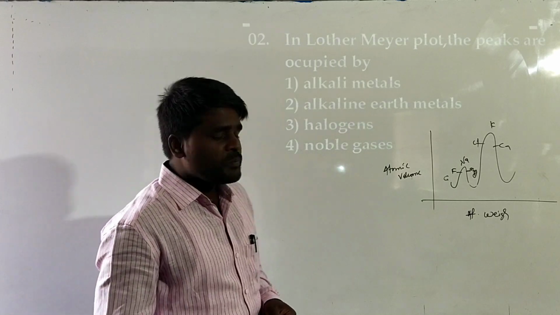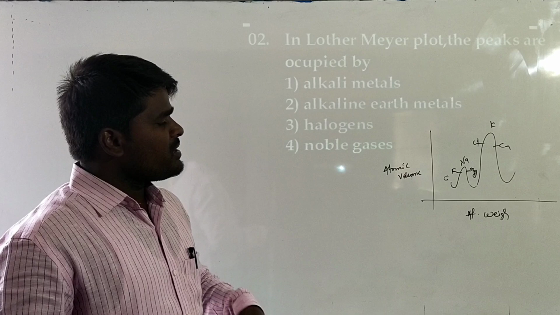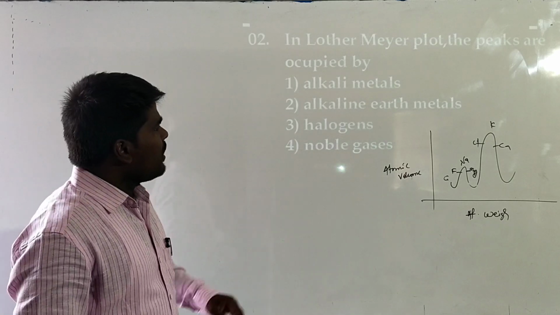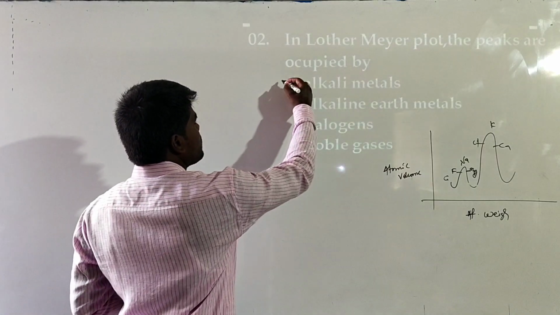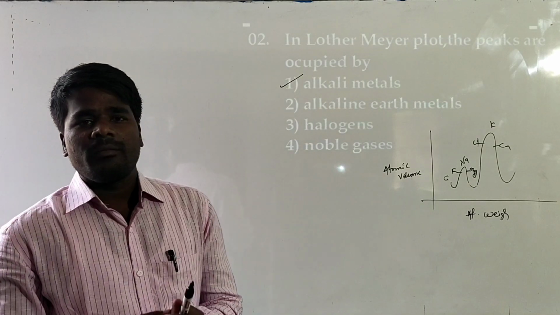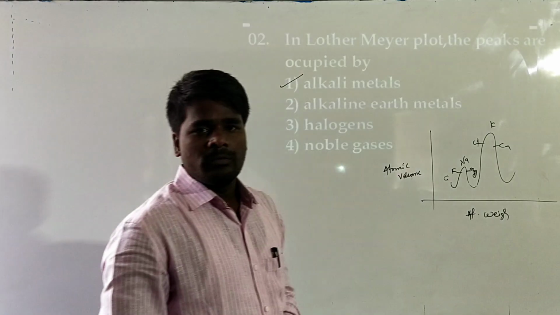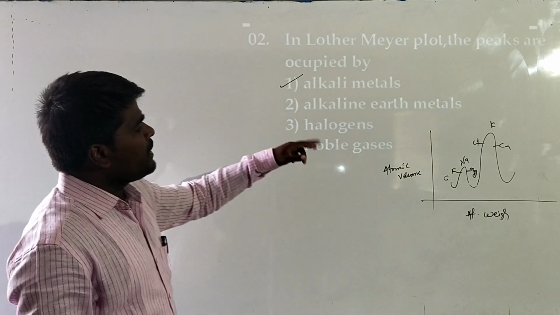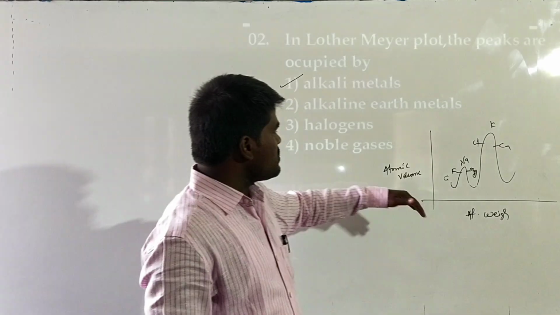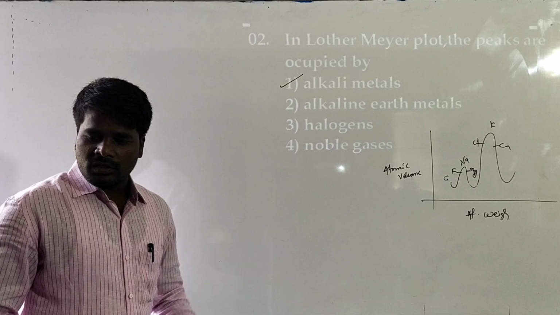This is the important aspect of Lothar Meyer classification. Your answer will be the first option, alkali metals, because of their largest atomic volume, they occupy the peaks of the curve. Hope it is clear.